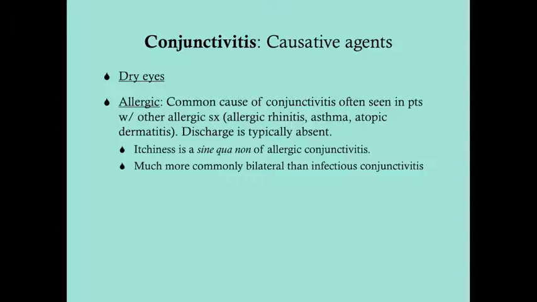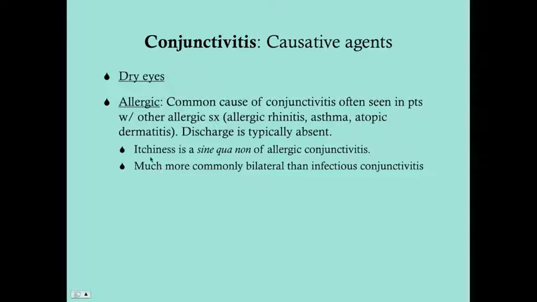When you have allergic conjunctivitis, a lot of times you'll have excessive lacrimation, and that can be mistaken as watery discharge. So discharge is typically absent, but if there is wetness around the eyes, don't rule out allergic conjunctivitis.